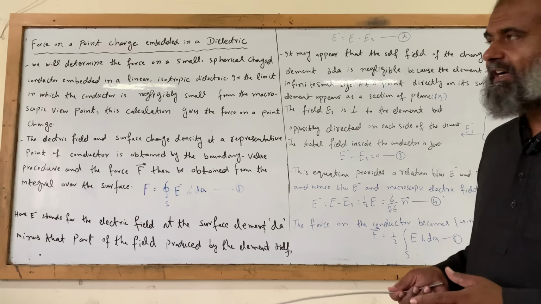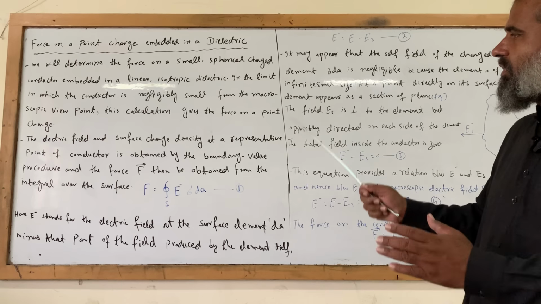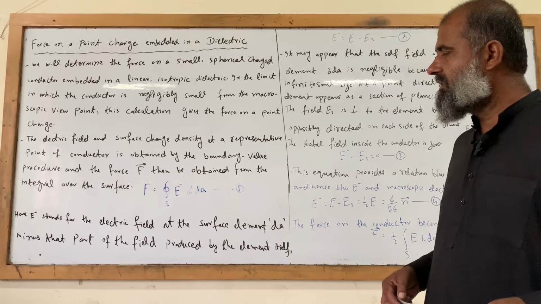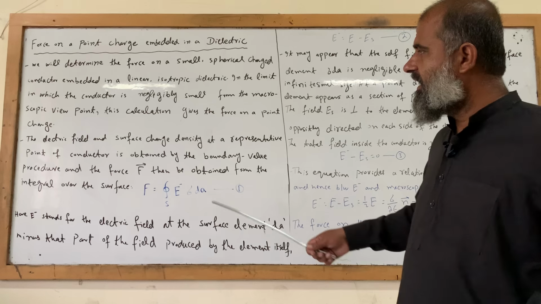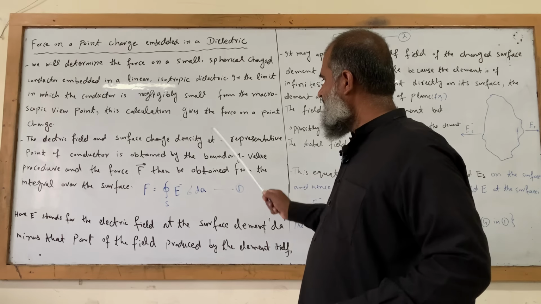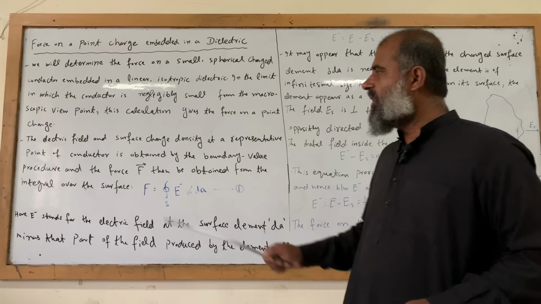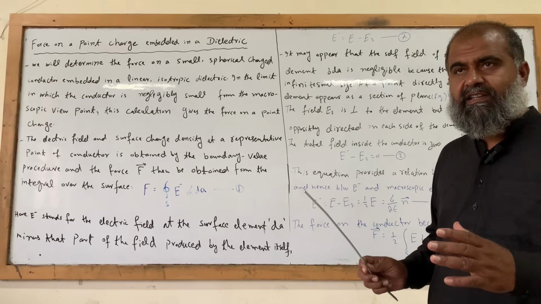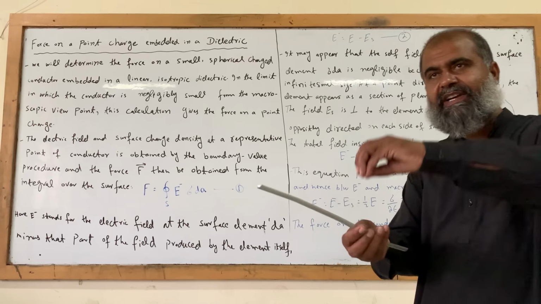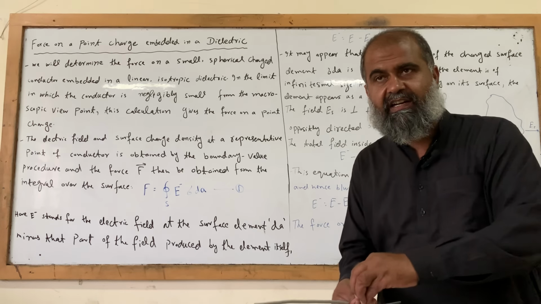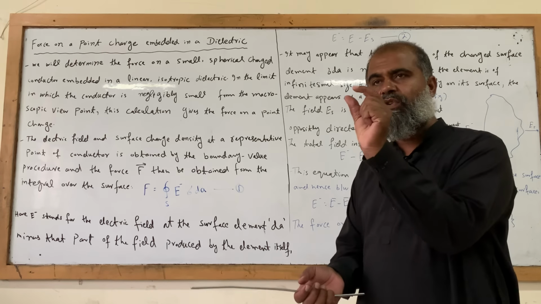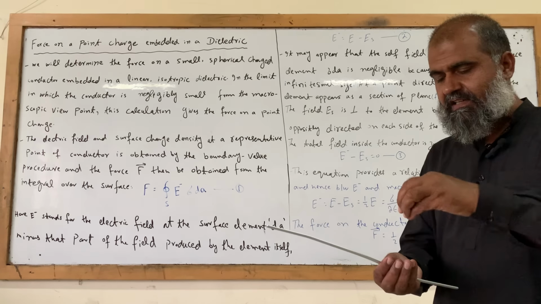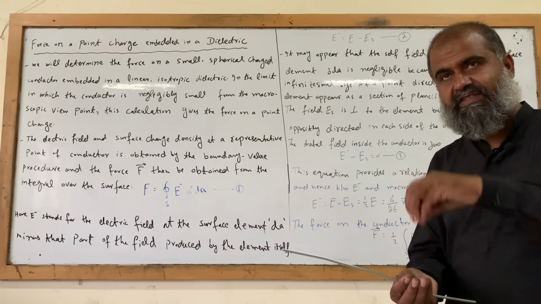They will provide us the force on a point charge, and the electric field and surface charge density at a representative point of the conductor. What is that point? In the volume you have placed a conductor, and you are dealing with only that point at which the conductor is embedded inside the dielectric.